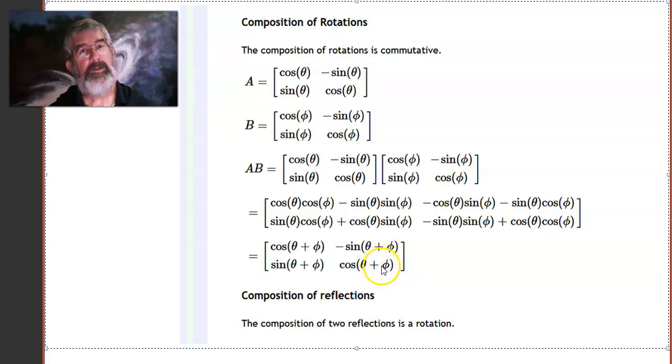Now, addition is commutative, so I could switch the order of these and do cosine of phi plus theta, and then work my way backwards and say, okay, then this would turn into this with all my phi's turned into thetas, which would turn into this with all my phi's turned into thetas, and the reverse, and I'd end up with B times A. And so they are, in this case, commutative, and the net result is you rotate by the sum of the angles.